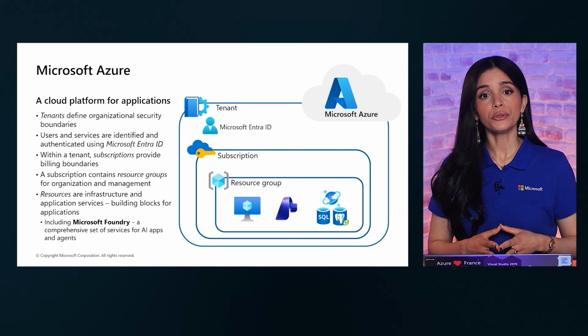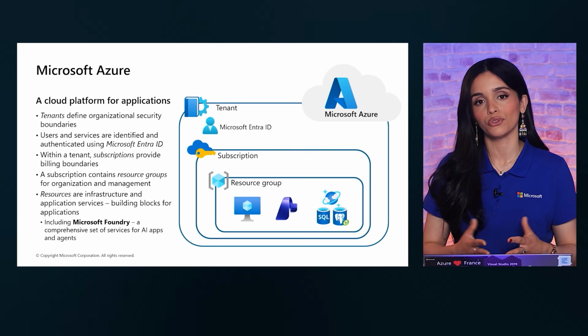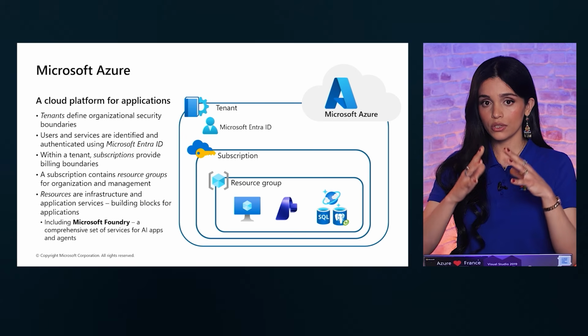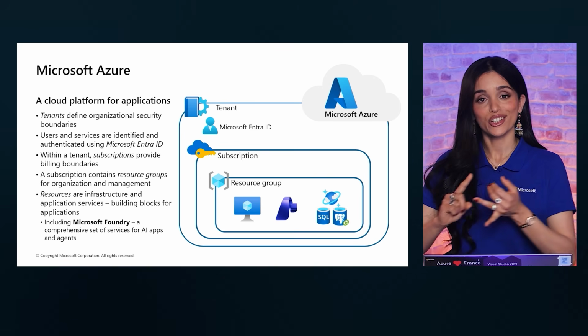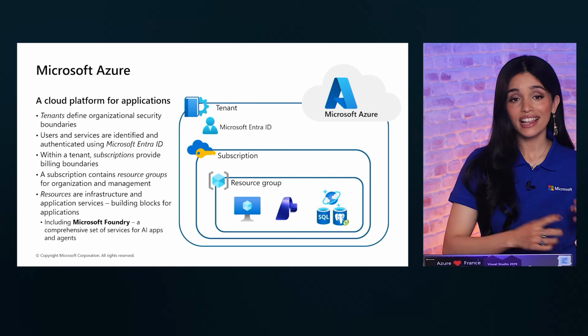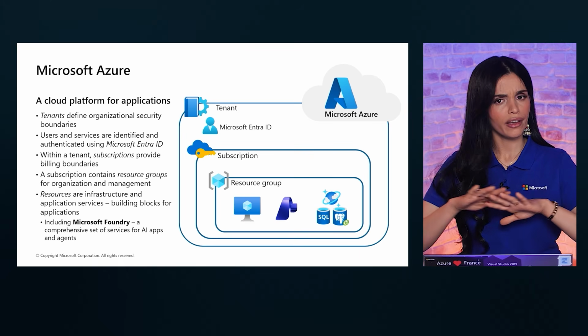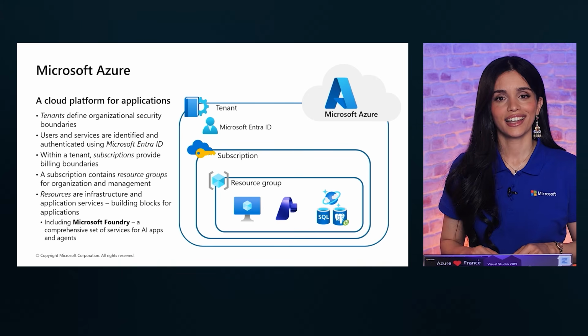Inside the subscription, you have resource groups. Think of a resource group as a project folder. Everything related to one project goes into the same folder: the AI service, the storage, the application, and the network. If you delete the project, you remove everything together. Simple, clean, organized.